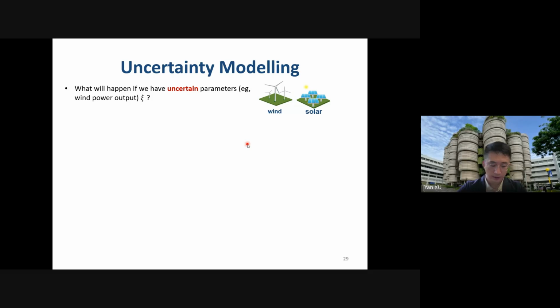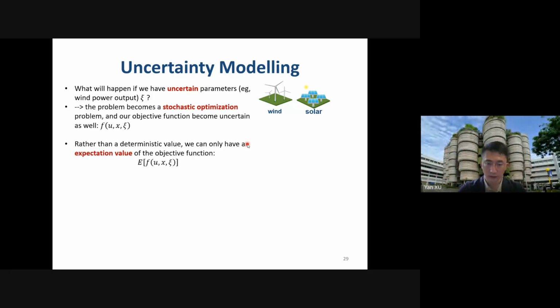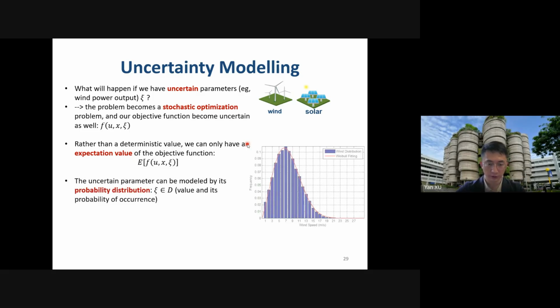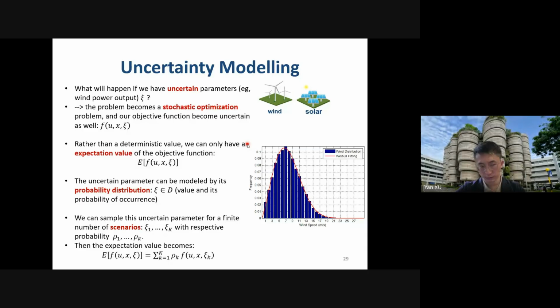Now, after that, I want to explain a stochastic optimization approach to solve the uncertainty. Remember, we have emphasized many times that for the optimization model, the parameters could be modeled as deterministic or uncertain. In realistic settings, the wind and solar power certainly are uncertain, right? We cannot accurately predict them. Although we predict them, they will vary within a certain range, okay? So we can model the power output of the wind or solar in a probability distribution manner.